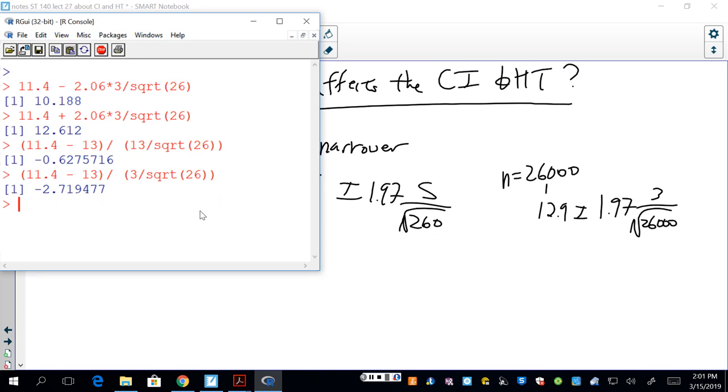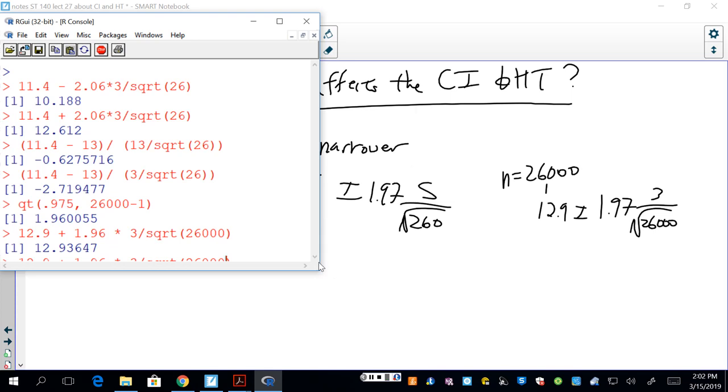The normal quantile that I want, with 26,000 minus 1 degrees of freedom, is practically 1.96. So with 26,000, it's almost indistinguishable from a normal. If I did 12.9 plus 1.96 times 3 divided by the square root of 26,000, it doesn't get up to 13.